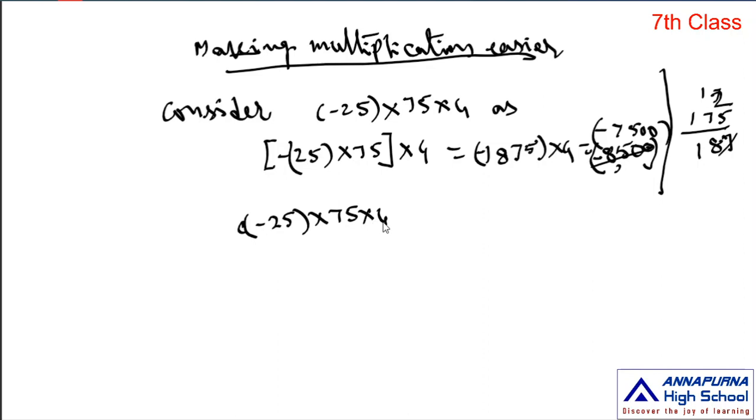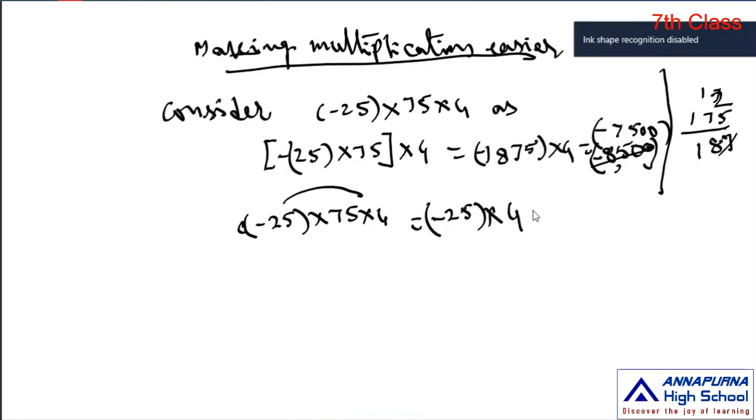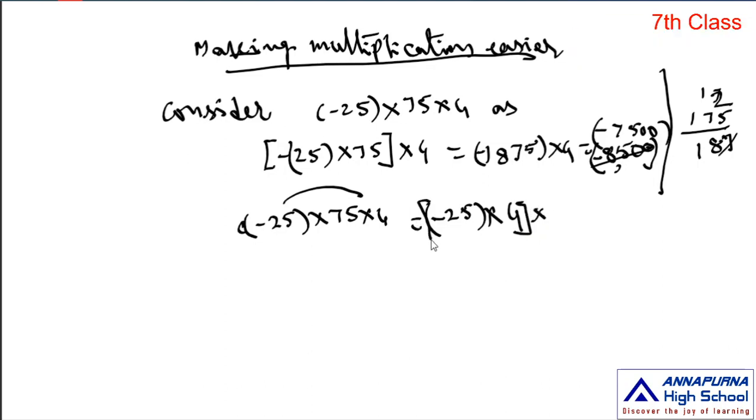Because on multiplying these two we will get 100, and it is very easy to multiply an integer by 10, 100, 1000, etc. So minus 25 into 4, then into the second one, 75. 25 fours are 100.